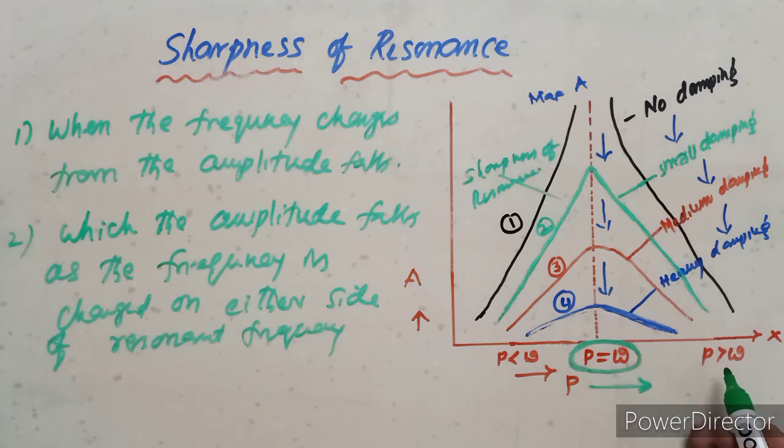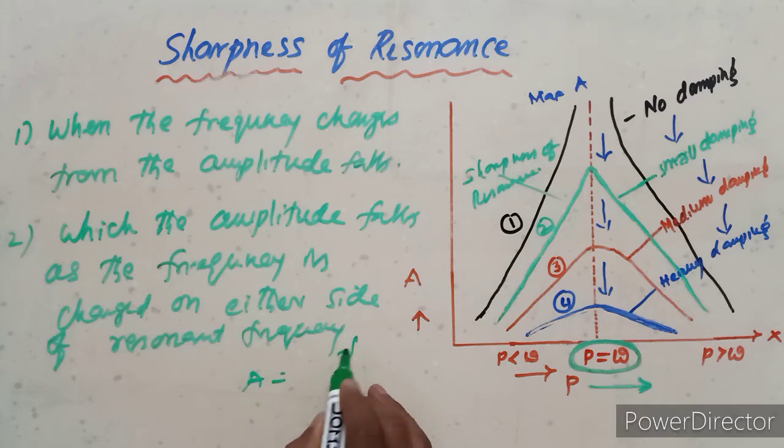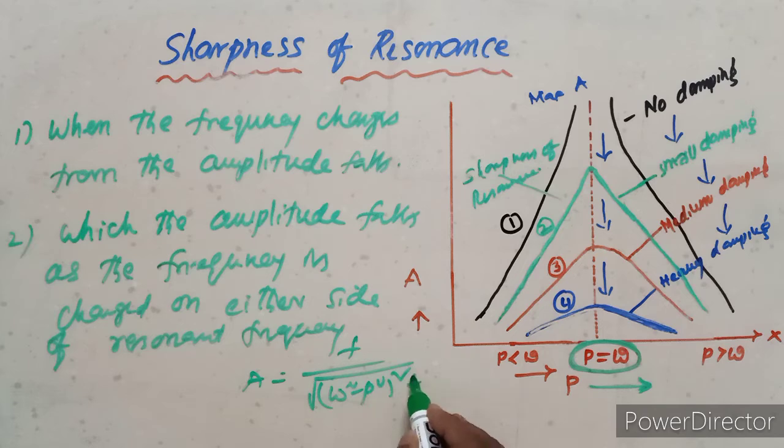The amplitude always changes from the equation A equals F upon under root (omega square minus p square) whole square plus 4b square p square. In the case where p is approximately omega, this value is 0.